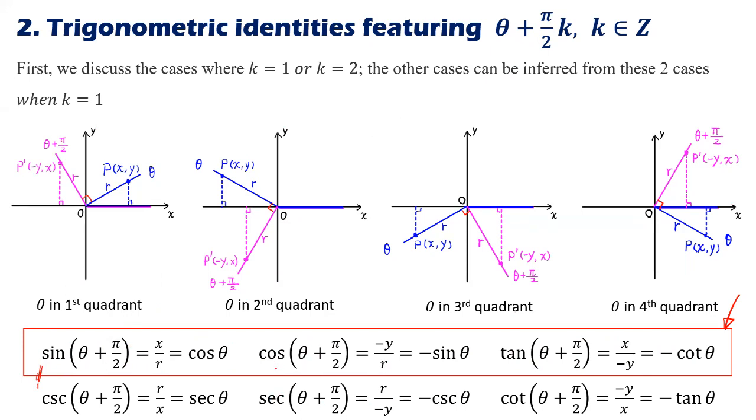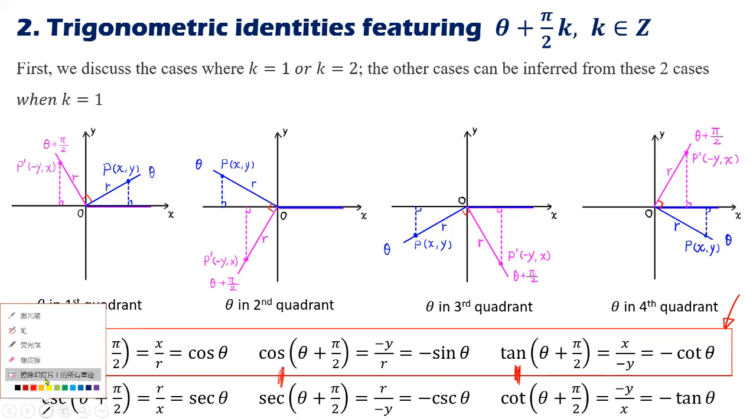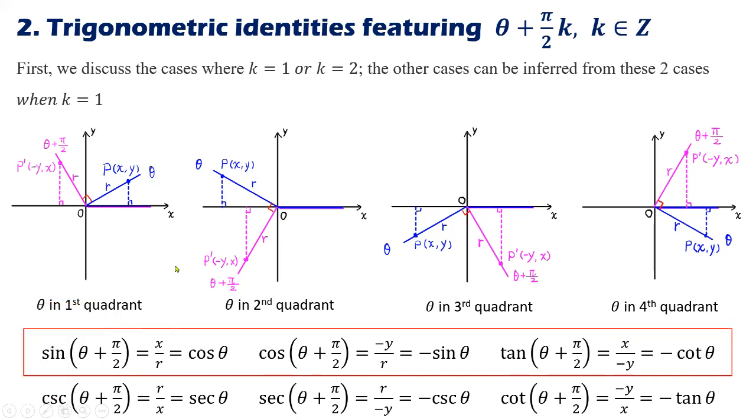And secant is just the reciprocal of cosine, so these two have similar behavior. And cotangent is just the reciprocal of tangent, so these two ratios have similar behavior. Okay? Any questions? Okay, so please spend some time writing these properties down in your notebook. We're going to use this to solve some problems later, okay?